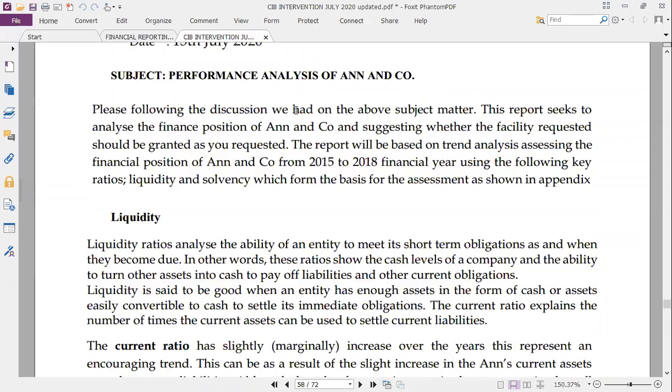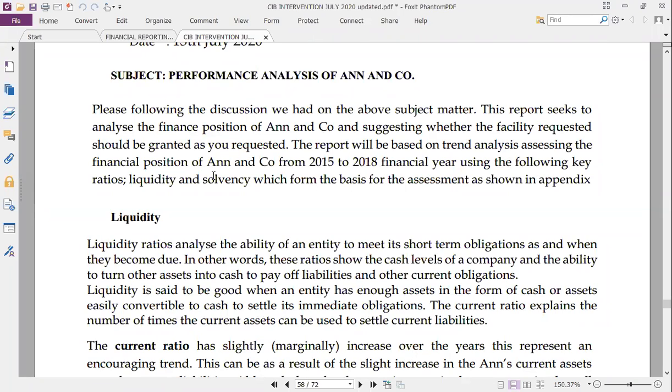Please, following the discussion we had on the above subject matter, this report seeks to analyze the financial position of ANCO, in fact the original question was An and Co. So we call it ANCO, and suggest whether the facility requested should be granted as you requested. The report will be based on trend analysis assessing the financial position of ANCO from 2015 to 2018 financial year using the following key ratios: liquidity and solvency, which form the basis of assessment as shown in the appendix.